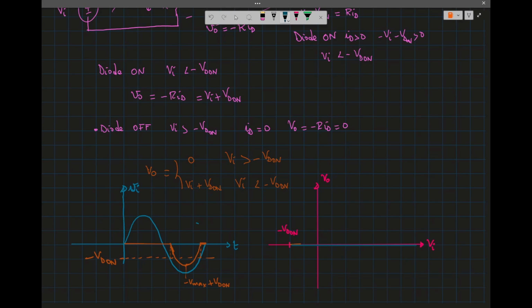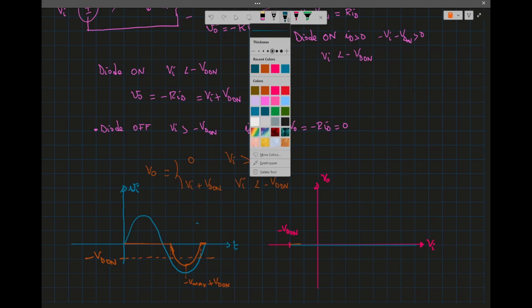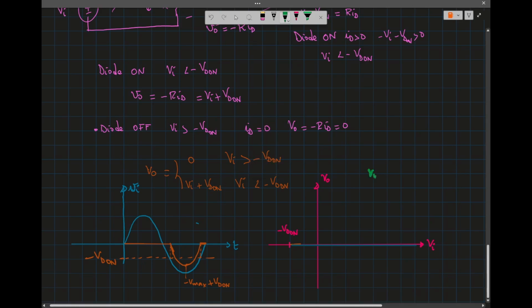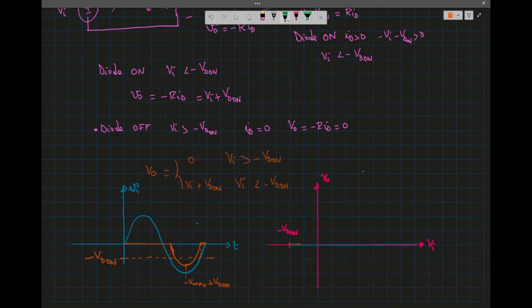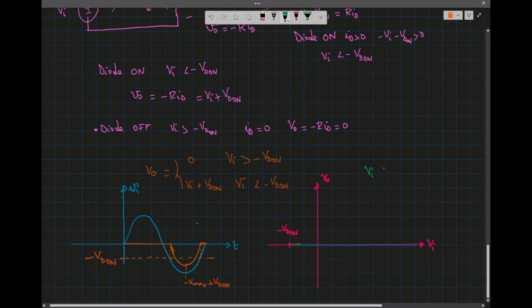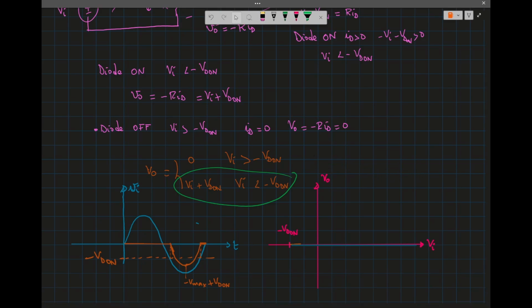Then when V_I is less than minus V_D(on) in this condition, that's here.